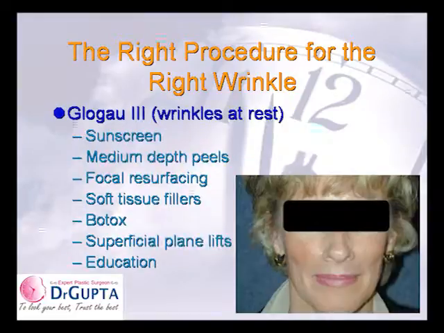Glow-Gal 3 are the patients that do really start to benefit from both minimally invasive as well as slightly more aggressive therapeutics. These are people that actually do have some wrinkles even at rest. And sunblock is important for them, but these are patients that are going to start to need real resurfacing in the forms of medium depth chemical peels or laser resurfacing.